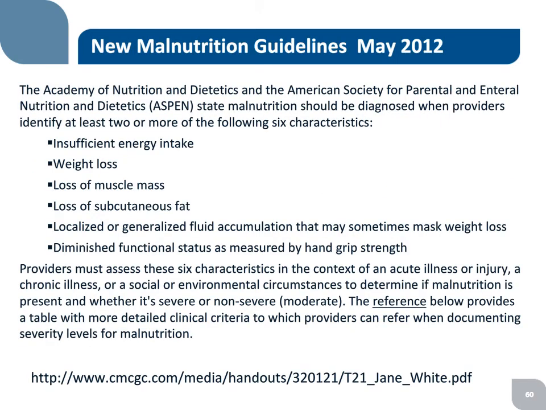I put in here the clinical parameters, at least 2 of the following 6 characteristics. But more importantly, there's a website at the bottom that gives you a full chart that shows you how long they have to have it. Is it mild? Is it moderate? And so forth. So be careful.